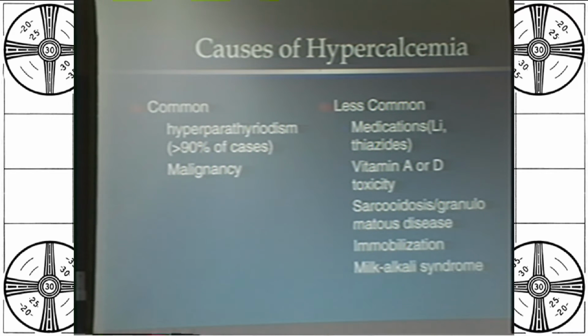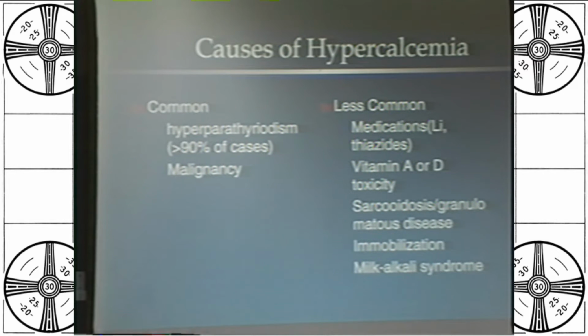Really, you can group causes of hypercalcemia into the common and the not so common. And the common, there are only two: hyperparathyroidism and cancer. That's really it. And in the outpatient setting, most of them are hyperparathyroid. In the inpatient setting, that figure may not be accurate.